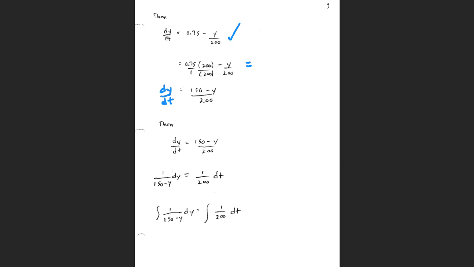If I have a 200 denominator under the y, why don't I get a 200 denominator under the 0.75? So I'll multiply 0.75 by 200 over 200, and that'll get me 150 over 200 minus y over 200. And so this will get me 150 minus y divided by 200.